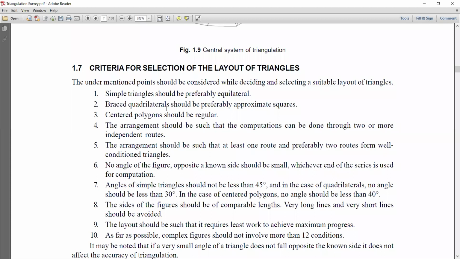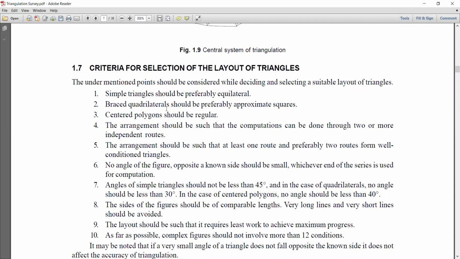First one, simple triangles should be preferably equilateral. For example, in the primary triangulation system, secondary triangulation system, tertiary triangulation system, as far as possible the triangle should be simple, preferably equilateral. Equilateral means all the sides are the same. Second one, braced quadrilaterals should be preferably approximate squares.